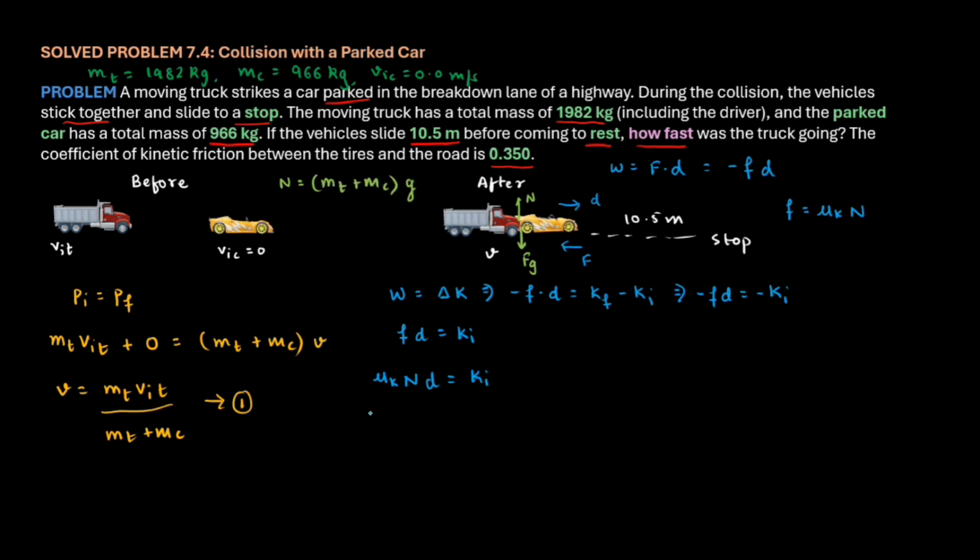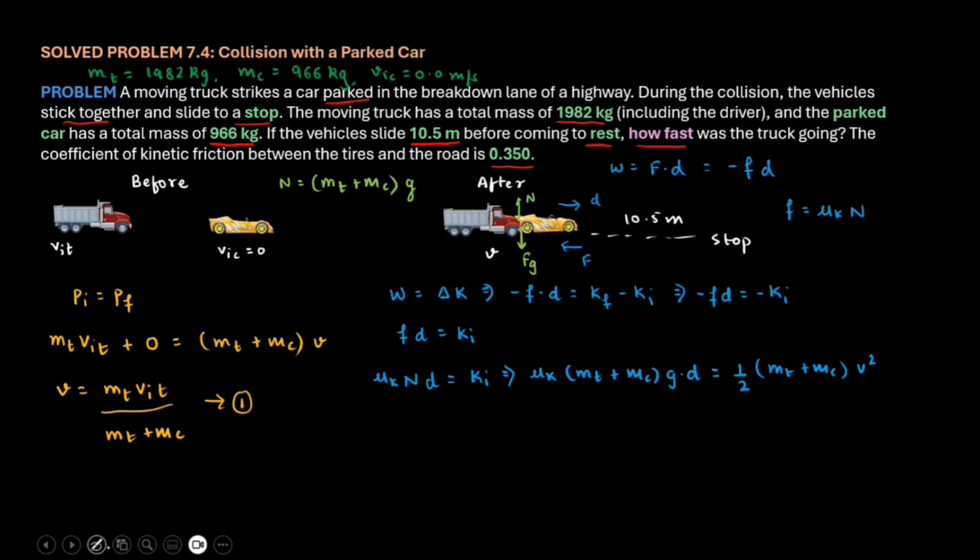So let's substitute that here. You get mu k, for normal I'm going to write mass of the truck plus mass of the car times g, times d equals initial kinetic energy after collision, which will be half, again combined mass of the truck plus mass of the car times v squared, where v is their common velocity.